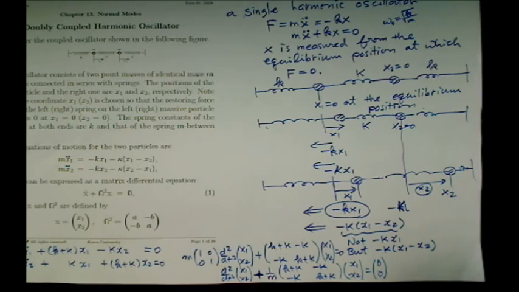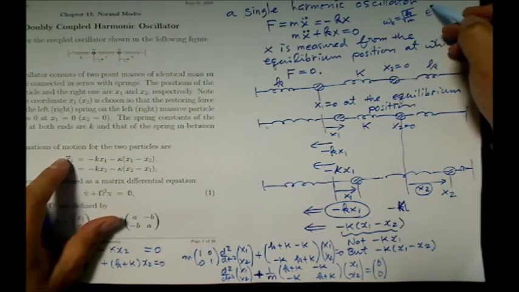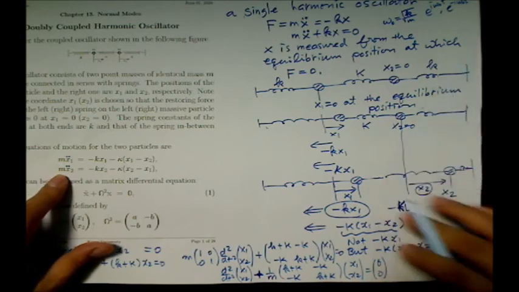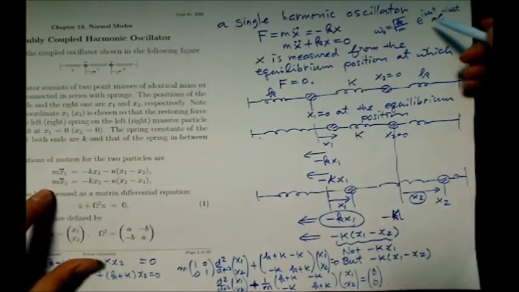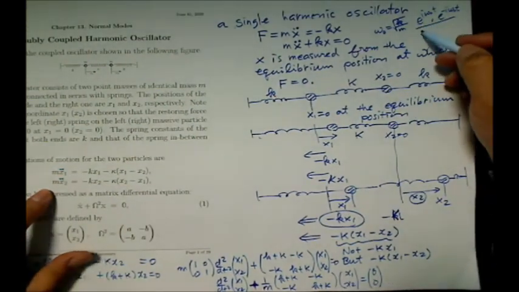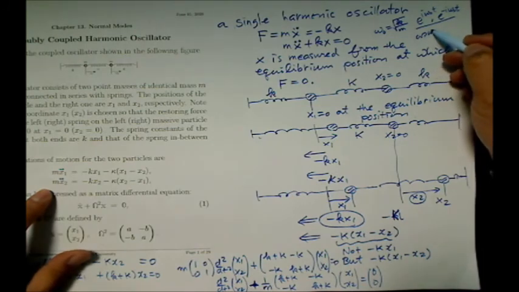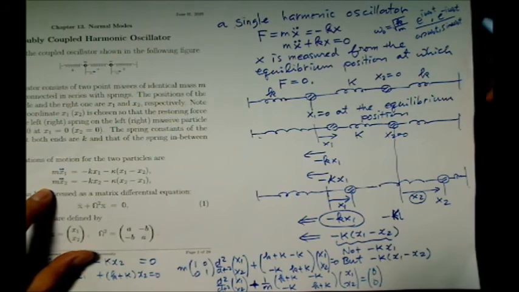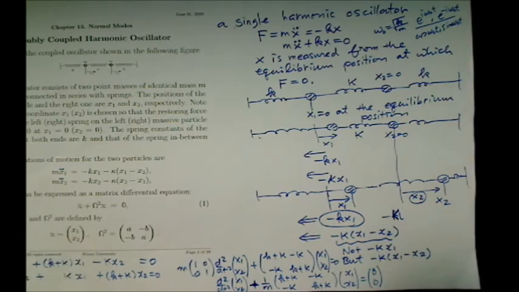The solution is a linear combination of e to the i omega 0 t and e to the minus i omega 0 t, or we can express these solutions in terms of cosine omega 0 t and sine omega 0 t. So this single variable second-order linear differential equation can be solved in quite an easy way.